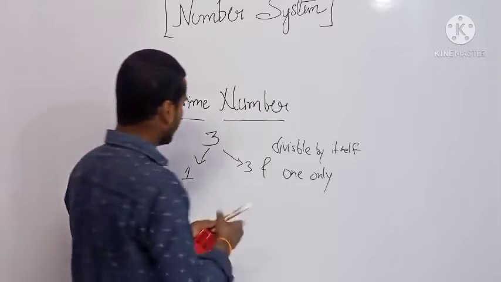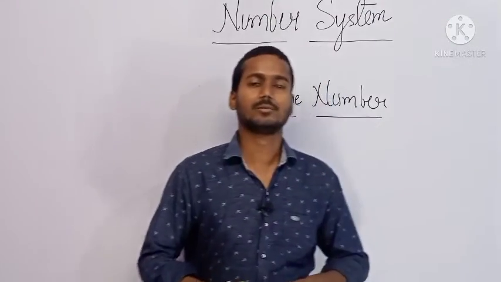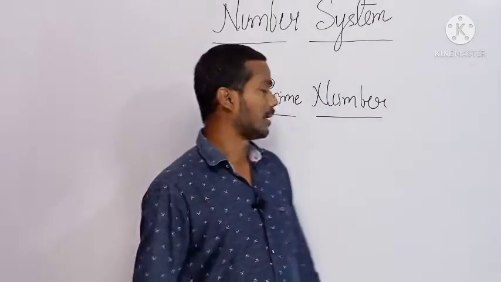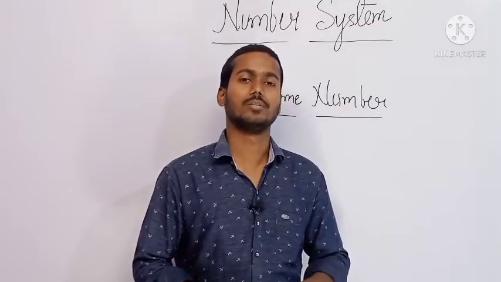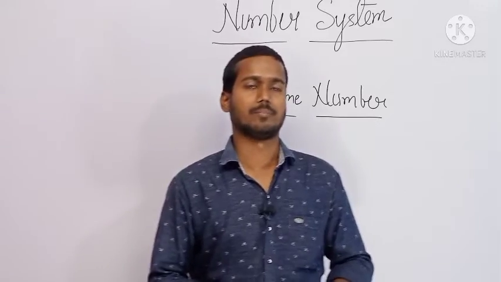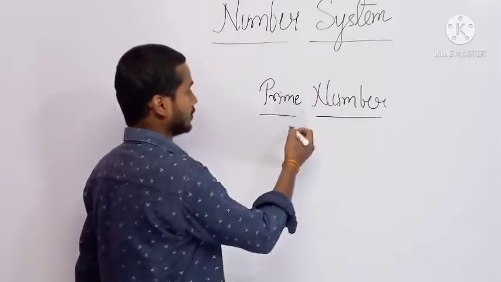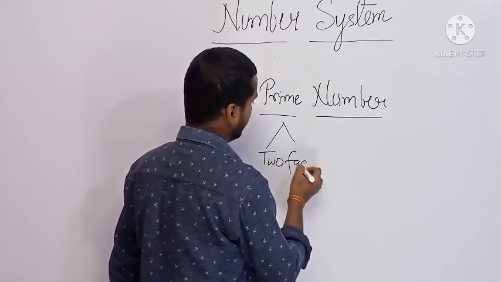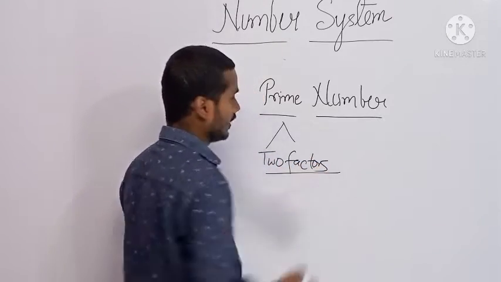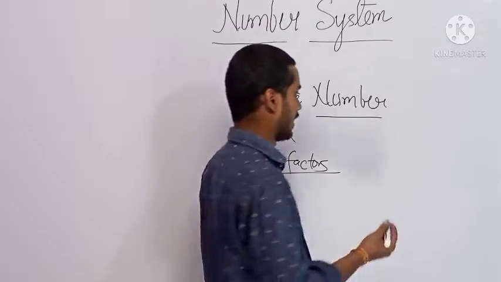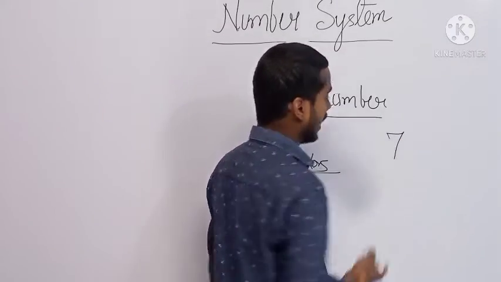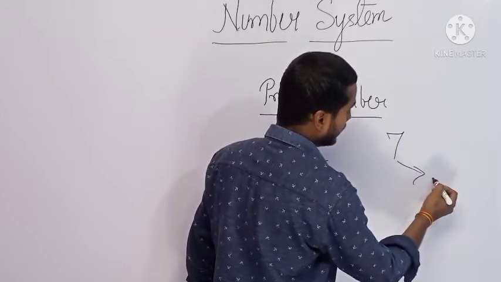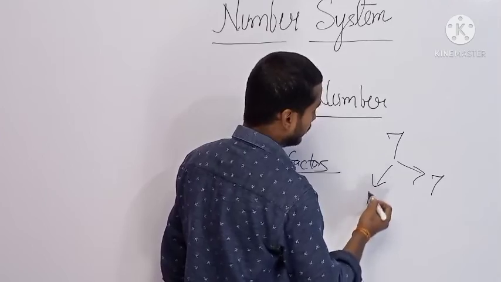Okay, another explanation of prime number. Prime numbers always have only 2 factors. That means a number that is prime has only 2 factors, right? Let's check this by an example. Suppose we have the number 7. 7 is divisible by 7 and 1.